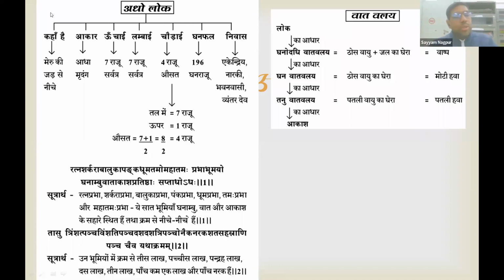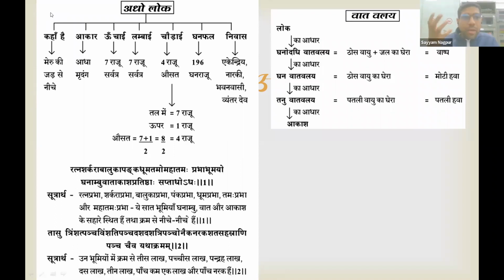Generally, the size of the Vatvalaya also varies from place to place. But here we are not discussing the size of Vatvalaya. Rather, we are only talking about the nature of those Vatvalayas. So the first one is called Ghanodadhi Vatvalaya. It has very dense air as well as vapor in it.